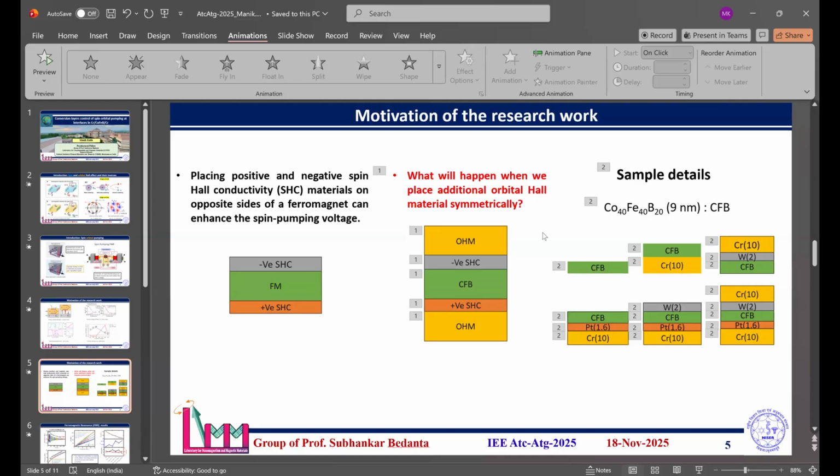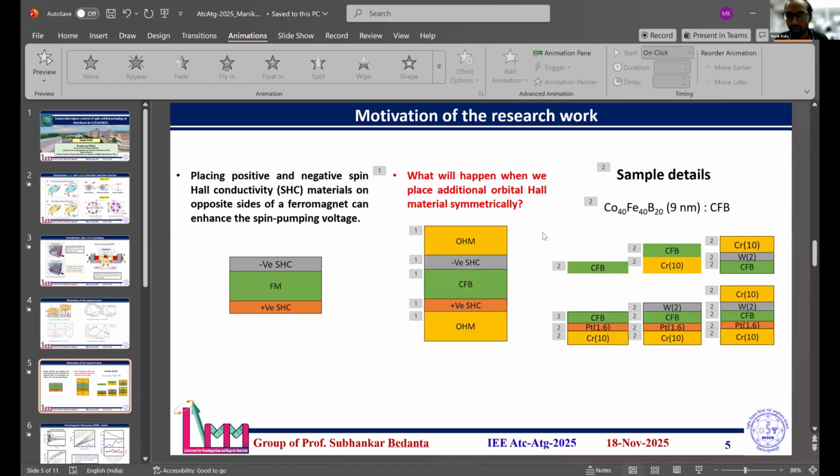If the exchange correlation length is higher than your film thickness, then how will it hamper? If your platinum spacer or tungsten is more than the critical length or exchange correlation length, what will happen?